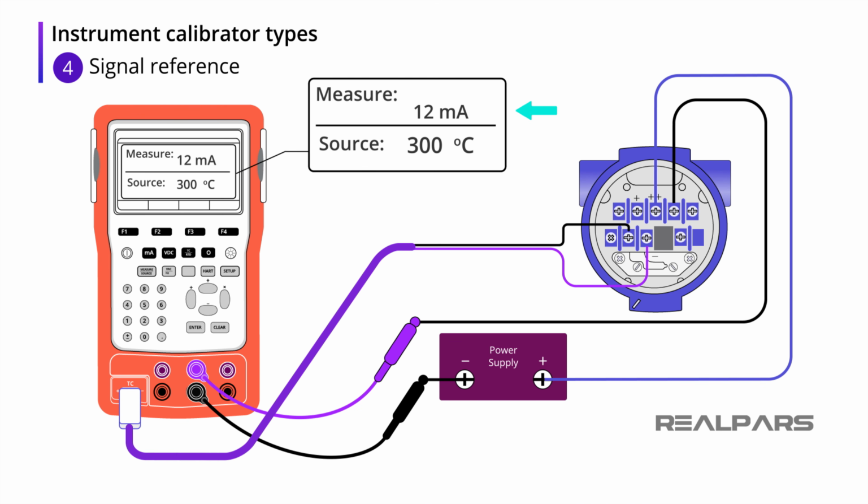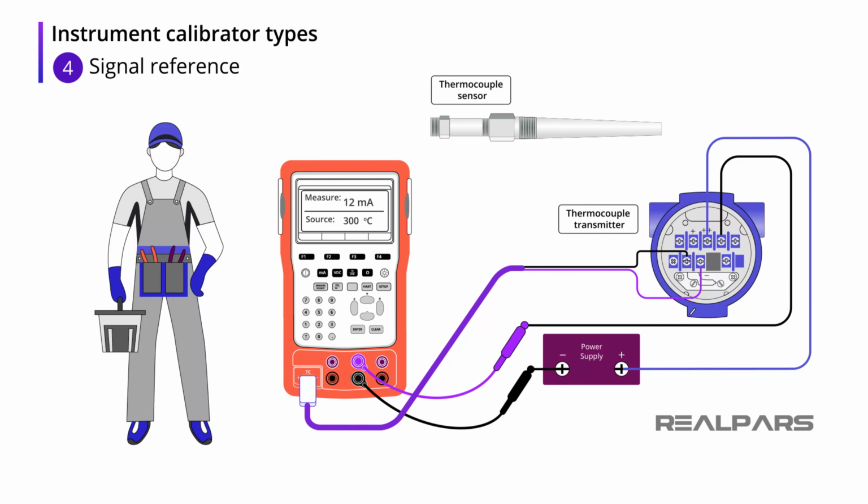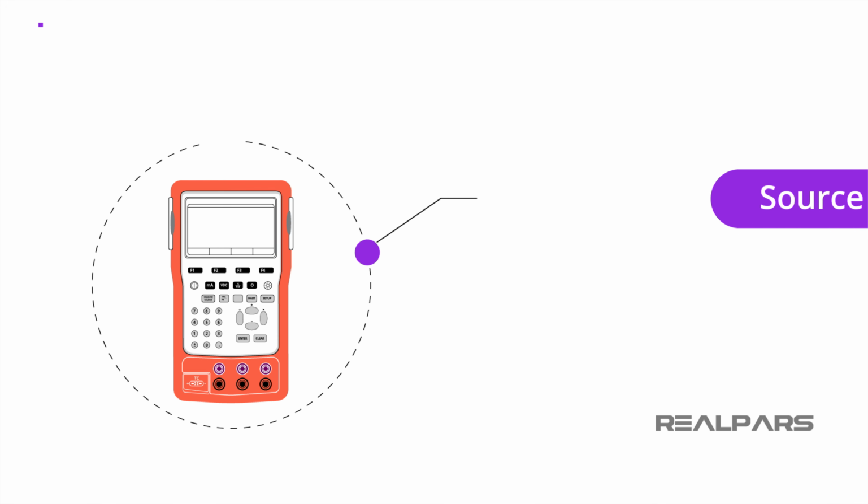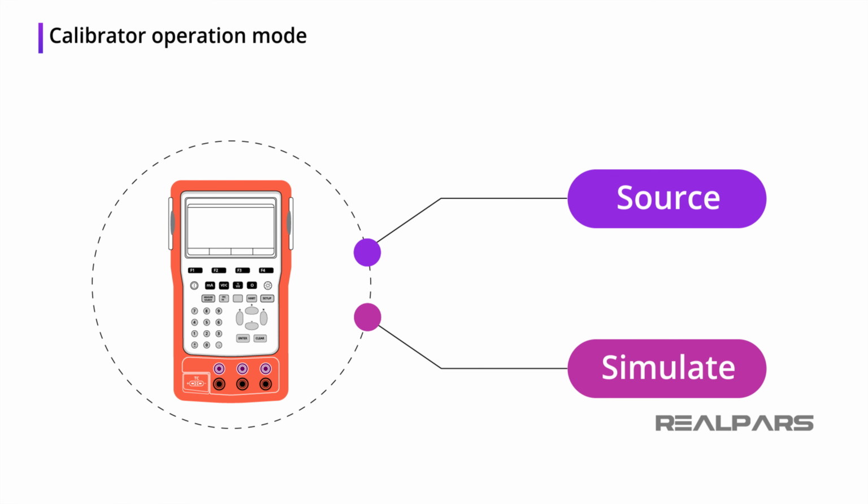The resulting transmitter milliamp current output is displayed by the measurement function of the calibrator. As a troubleshooting tool, a multifunction calibrator is invaluable. With a few quick measurements, a field tech can determine if a fault is caused by the sensor or the transmitter.